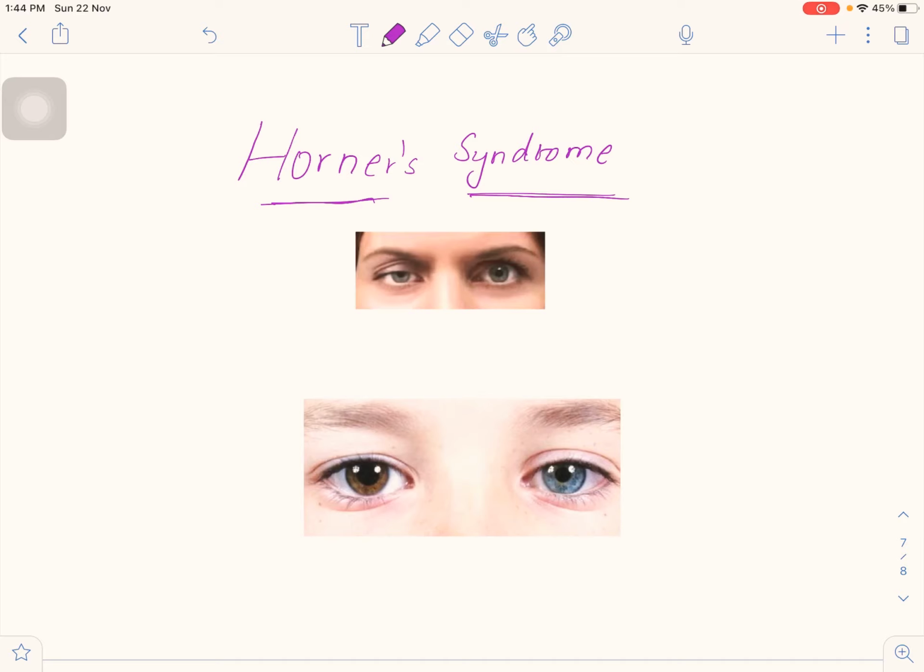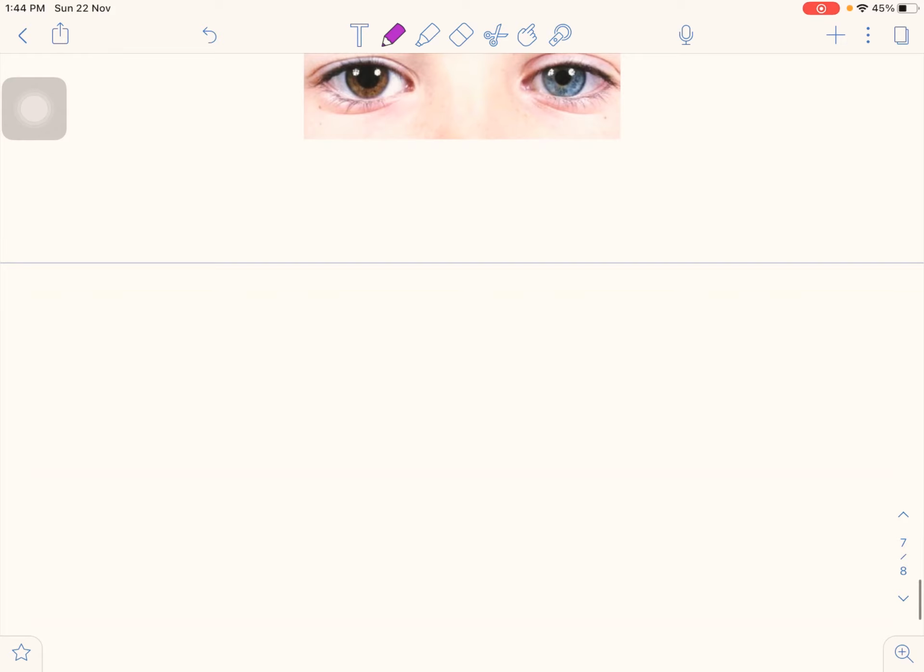So, Horner syndrome of the eye occurs due to damage of the oculosympathetic pathway, also called oculosympathetic paralysis.